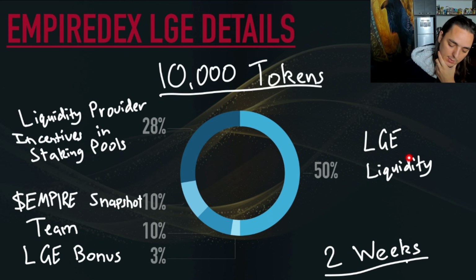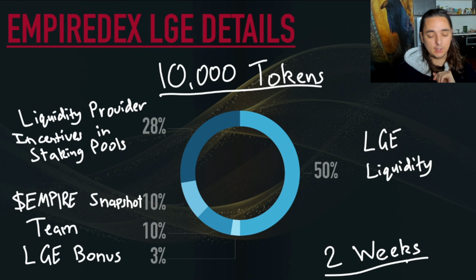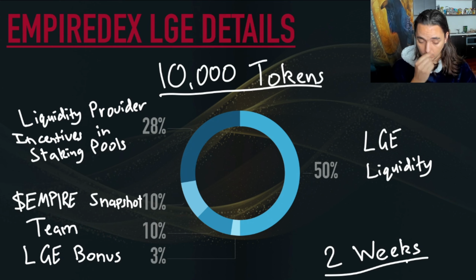So, like I said, 50% into liquidity. It's actually 22,750, this just rounded up, and these are for the staking pools. So these are basically to encourage liquidity. We have a series of different liquidity pools.